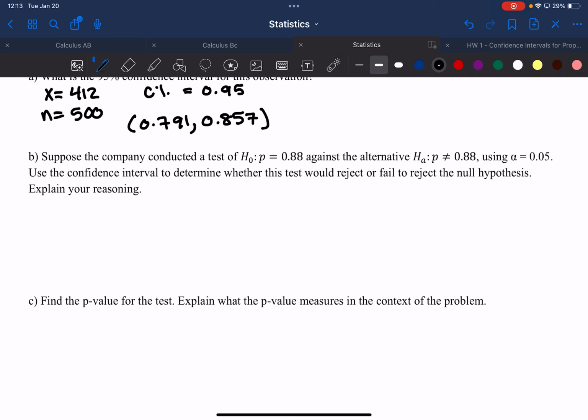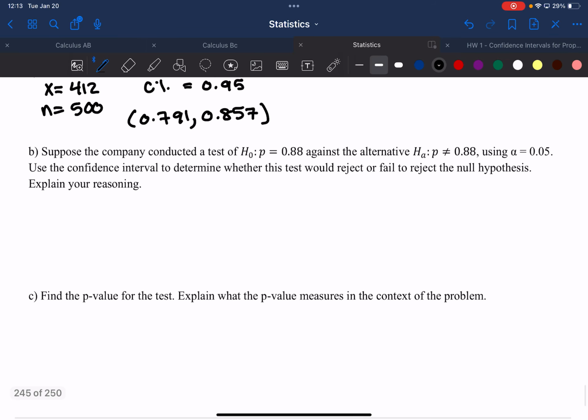Use the confidence interval to determine whether this test would reject or fail to reject the null hypothesis and explain your reasoning. So what we need to do is see if our p naught value, which is 0.88, is inside the interval. So would you say yes or no? No. 0.88 is greater than that 0.857, so it's outside of the interval.